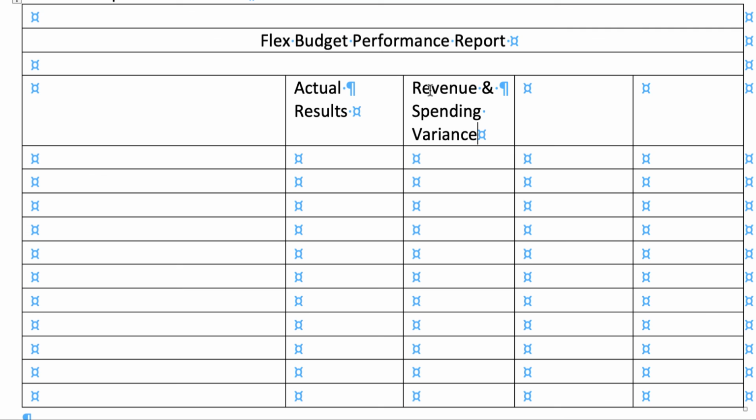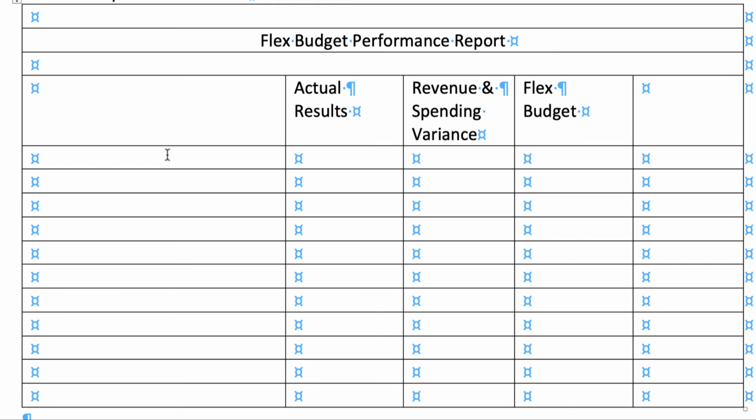Okay. Well, remember, in order to do the revenue and spending variance, we have to compare actual results with the flex budget results. Okay, so you'll put in your actual results.